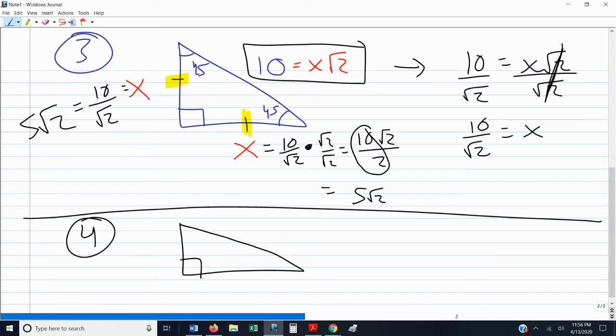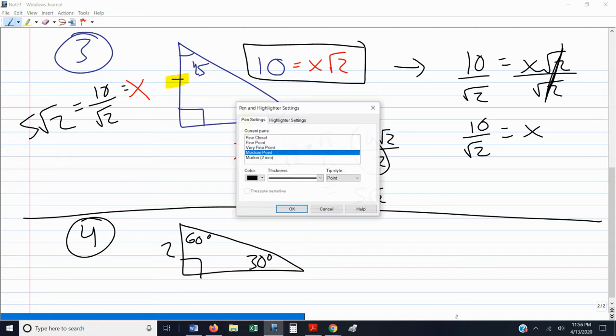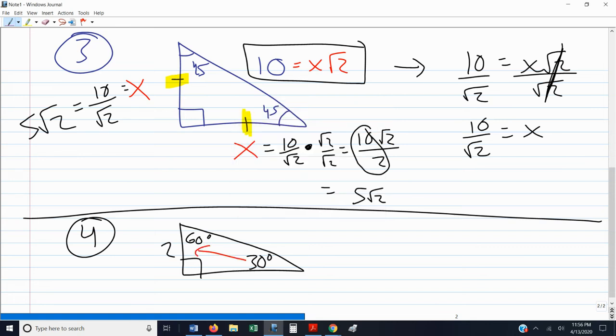So we're going to start with 30 degrees here and a 2. Okay, so for the 30, 60, 90, when you write in your side lengths, across from the 30 is always your x, across from the 90 is your 2x, across from the 60 is your x root 3. So that's a great thing to practice writing in.